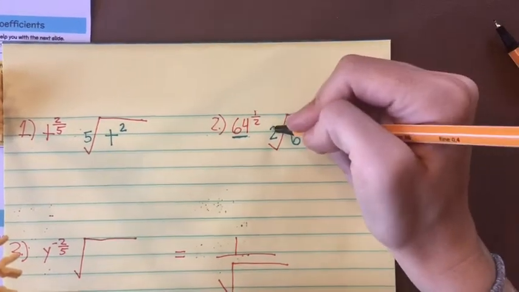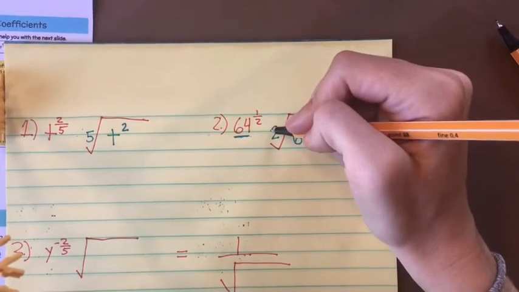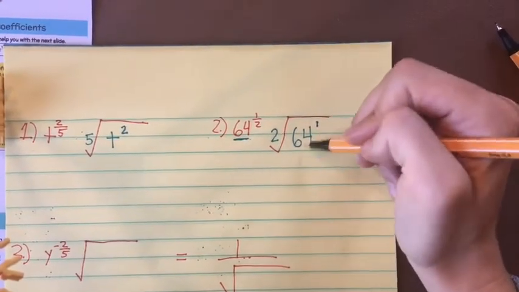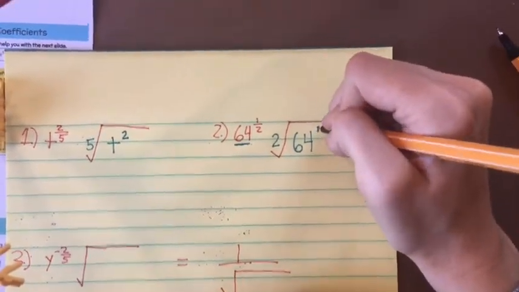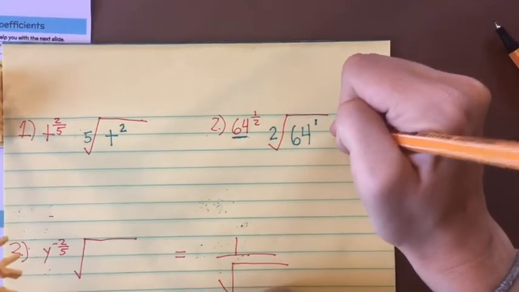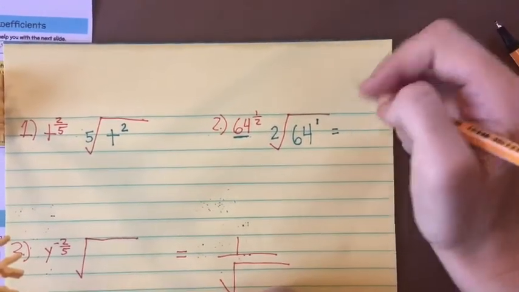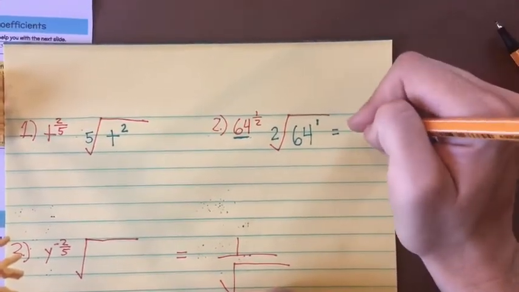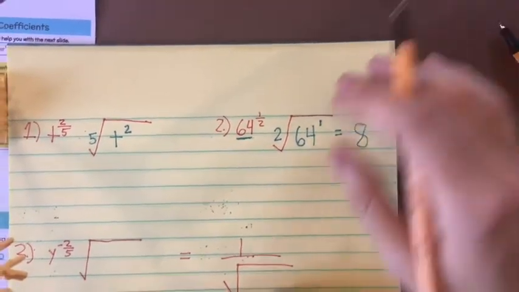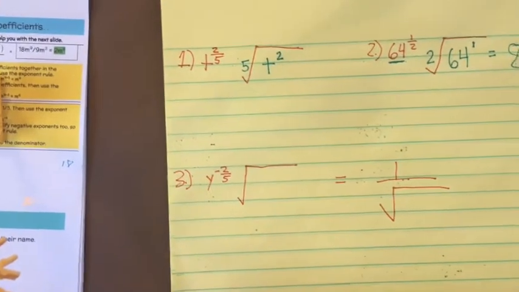So actually, this is the square root of 64 to the first power, which is just 64. And the square root of 64, we know, is what times itself gets me 64, which is equal to 8. Okay?